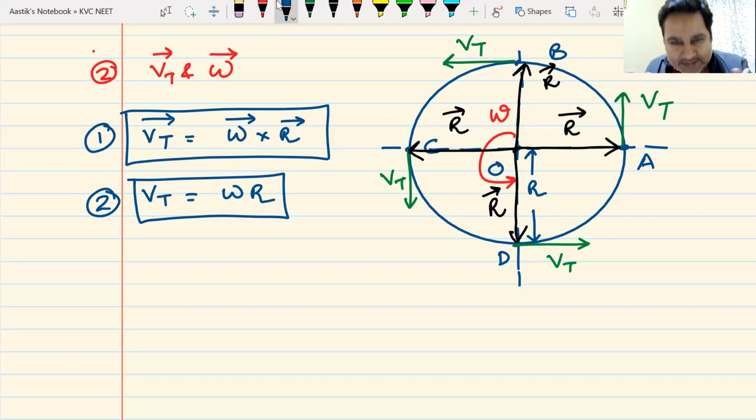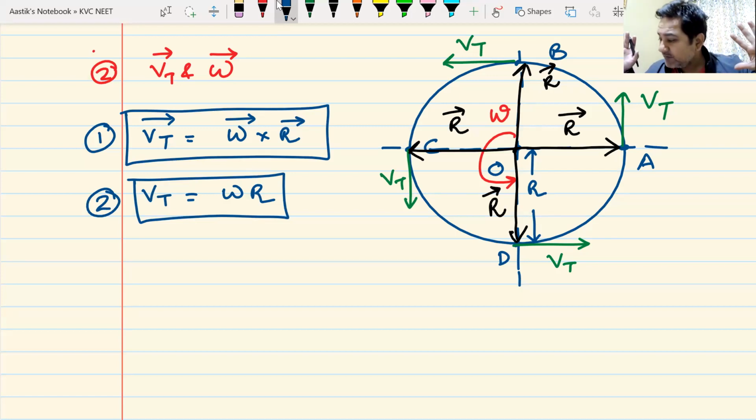You can call it tangential speed, no problems. Speed is the magnitude of velocity. Instantaneous speed is the magnitude of instantaneous velocity. So instantaneous tangential speed is the magnitude of instantaneous tangential velocity.